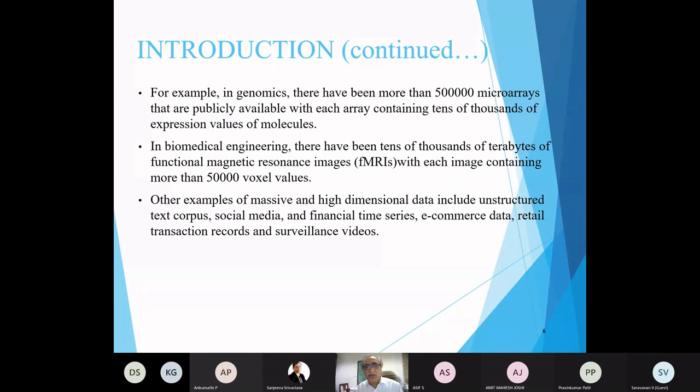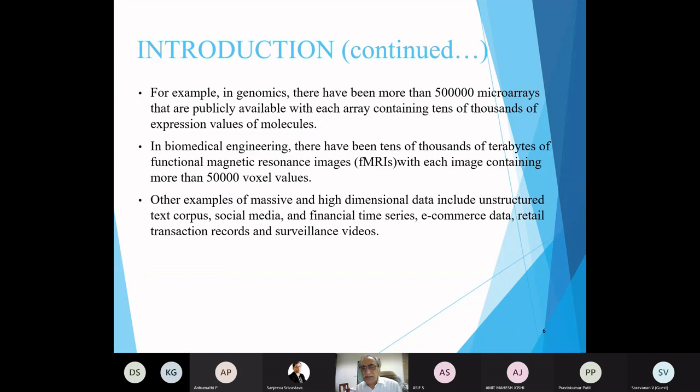For example, in genomics, there have been more than 500,000 microarrays that are publicly available, with each array containing tens of thousands of expression values of molecules. In biomedical engineering, there have been tens of thousands of terabytes of functional magnetic resonance images, abbreviated as fMRIs, with each image containing more than 500,000 voxel values.